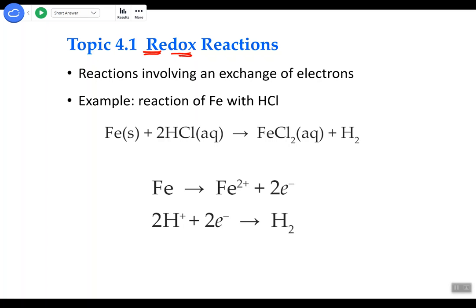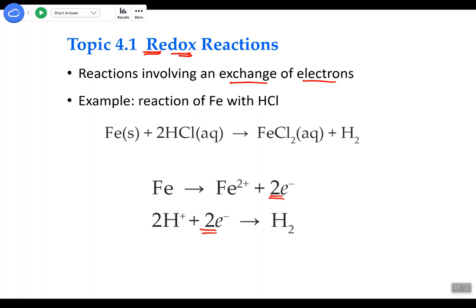All of this starts with an understanding of oxidation states and oxidation numbers. And once we know those oxidation numbers, to balance redox equations. So this is what we're looking at, topic 4.1. For a redox reaction, something is producing electrons and something is gaining electrons.